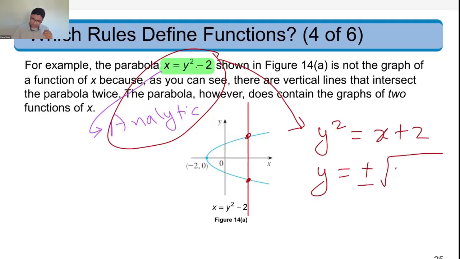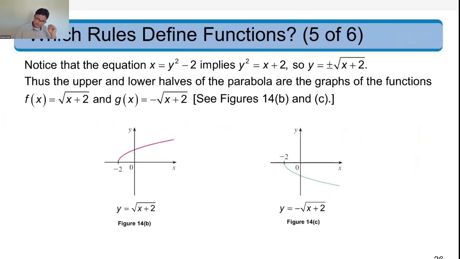When you take the square root, you get plus and minus. So you get two values, right? y equals under root x plus 2 and y equals negative under root x plus 2. So for the same x, you get two different y's, y1 and y2, positive sign and negative sign. Hence, it is not a function. And that's the discussion here.